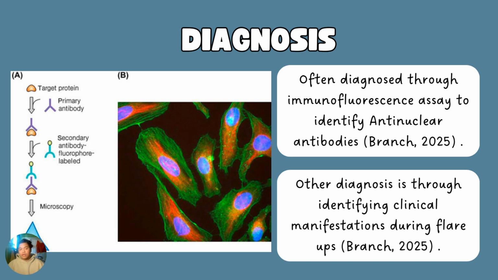Now, for the diagnosis of lupus, it can be done through an immunofluorescence assay, which will identify nuclear antibodies. Essentially, it's a laboratory technique that's used to detect specific antigens and will label them with fluorescent antibodies. Another way is through identifying the physical manifestations of lupus.